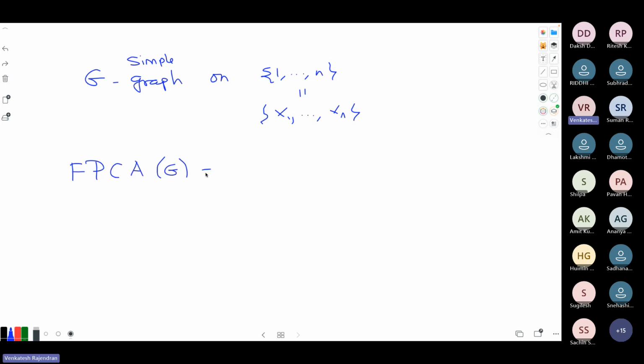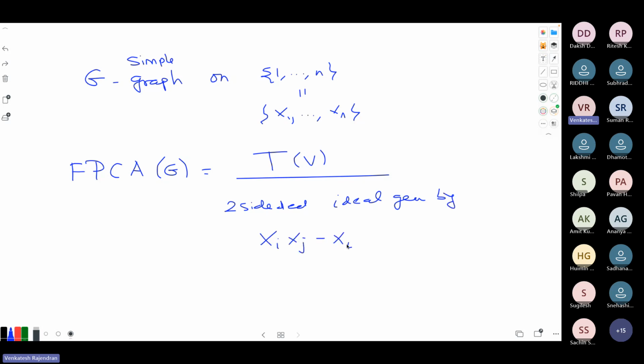associated with G. So you take this T(V), then go modulo the two-sided ideal generated by xi xj minus xj xi, whenever there is no edge between i and j.